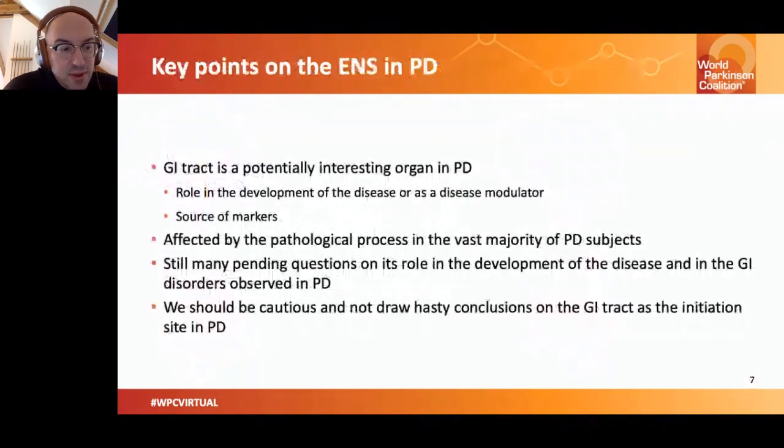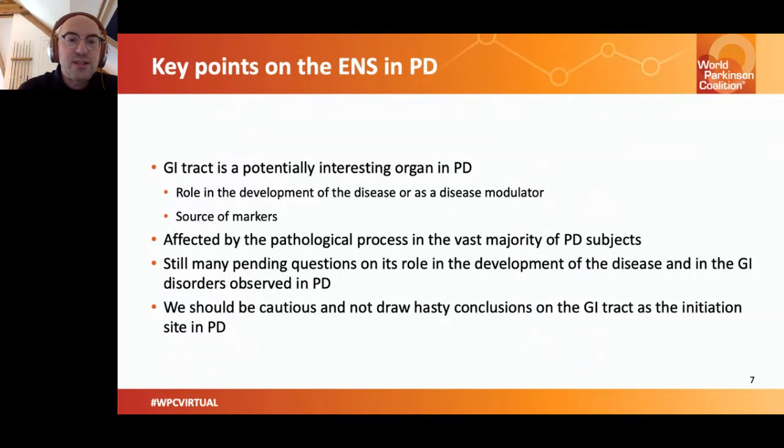So what are the key points? There is no doubt that the GI tract is an interesting organ in Parkinson's disease. It might play a role in the development of the disease or as a disease modulator. And as you know, it might be an interesting source of markers for disease diagnosis and disease progression.